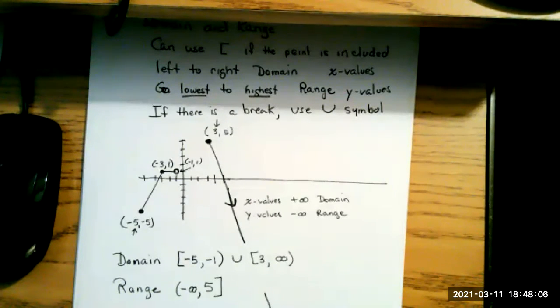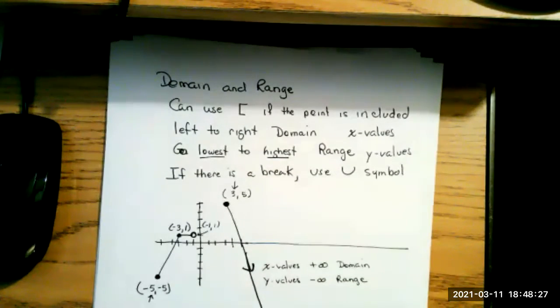It doesn't matter on the X's though. That little open circle means that it's not included. If it's a closed dot, it is included. Okay, now these are not easy. So if you get stuck on them, let me know and I'll help you with them. We're going to do some in just a minute of the homework.